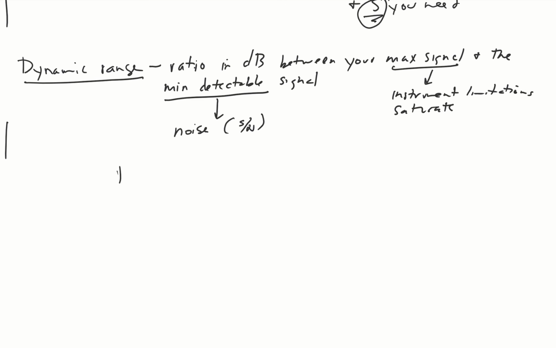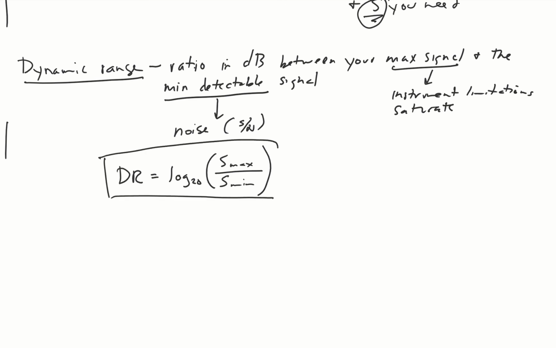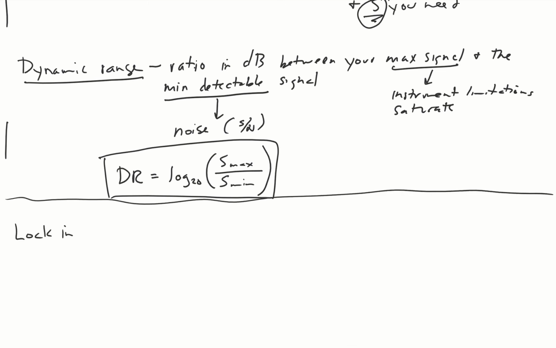So your dynamic range, which I'm going to abbreviate DR here, is going to be your log base 20 of your signal max and your signal min, the ratio of those. And this is going to be important in Lab 5 as well. And just to give you a brief introduction for Lab 5, that's the end of the noise section here.